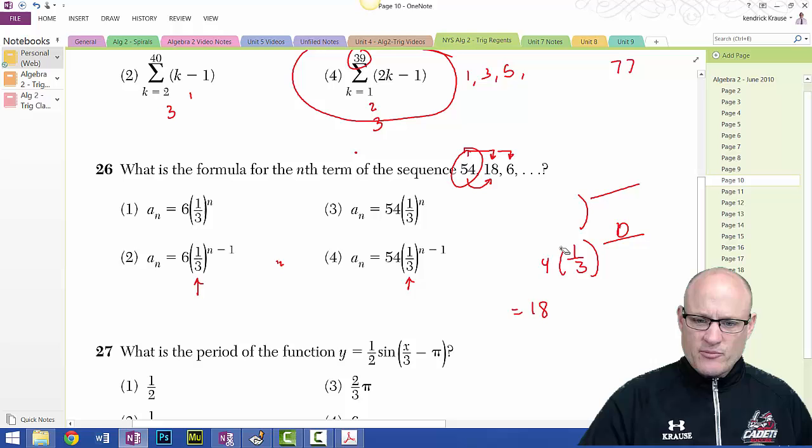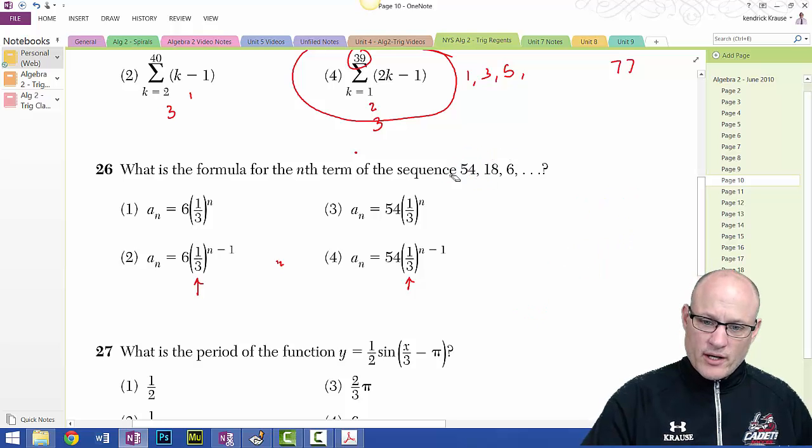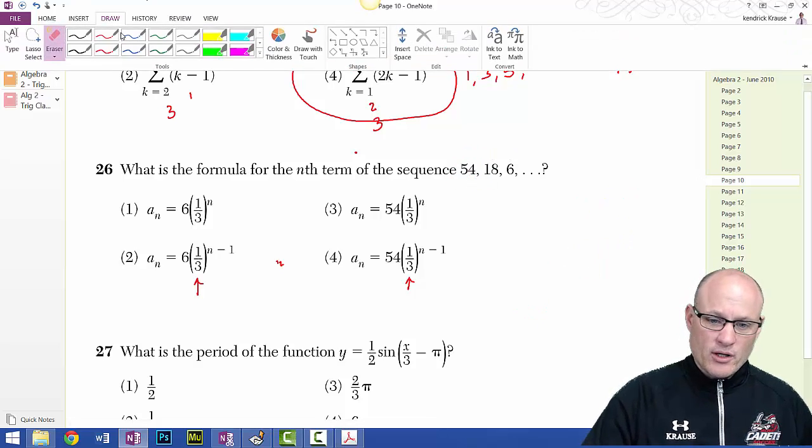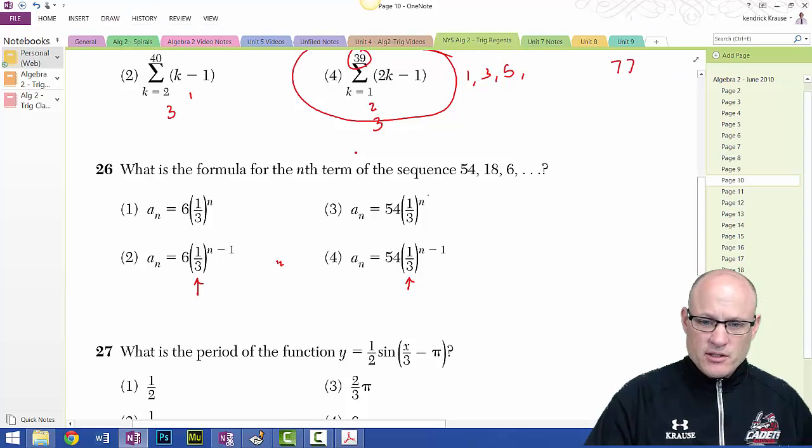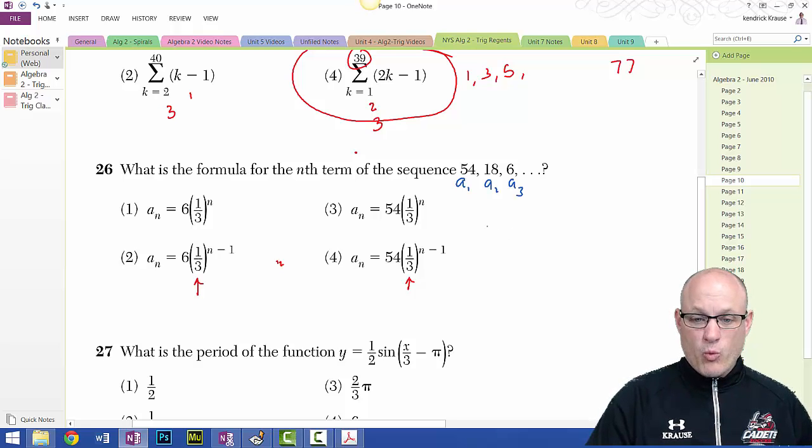So we know that the first term is a sub 1, this is a sub 1, this is a sub 2, a sub 3. So I want to make sure that a sub 1 gives me 54. So this is the right answer, by the way. If I type this in, and I start with 54 times 1/3 to the 1 minus 1.